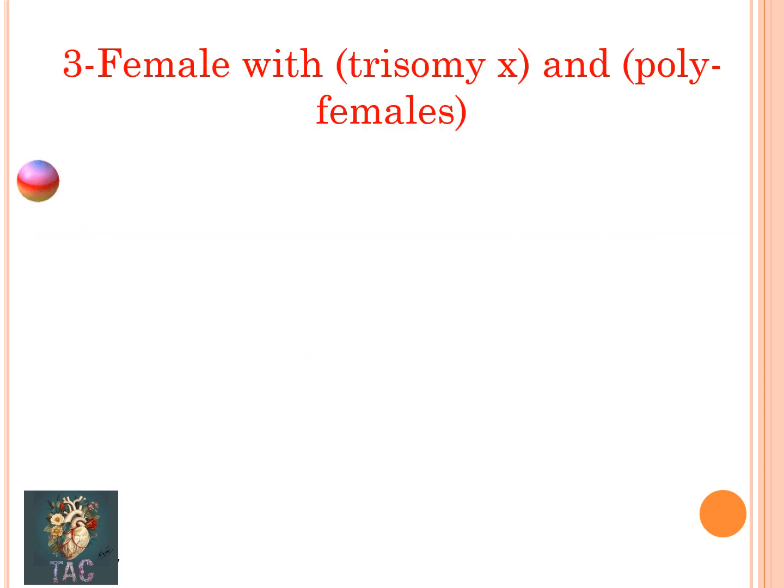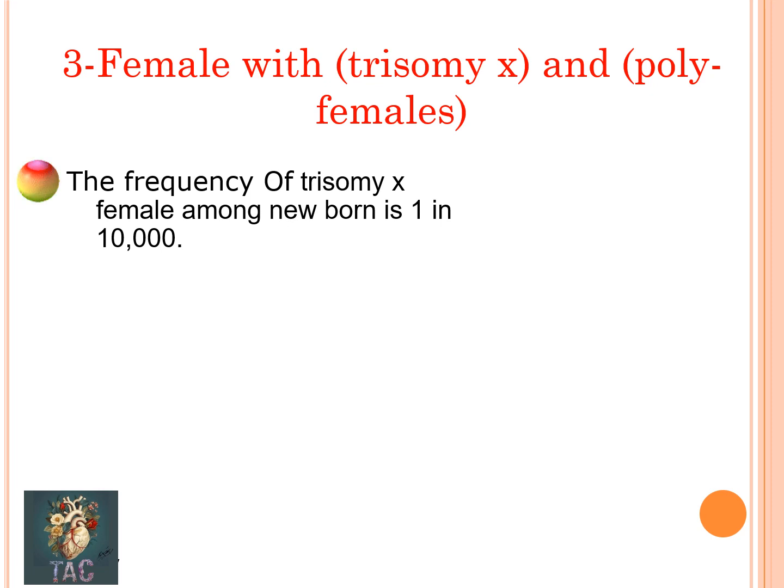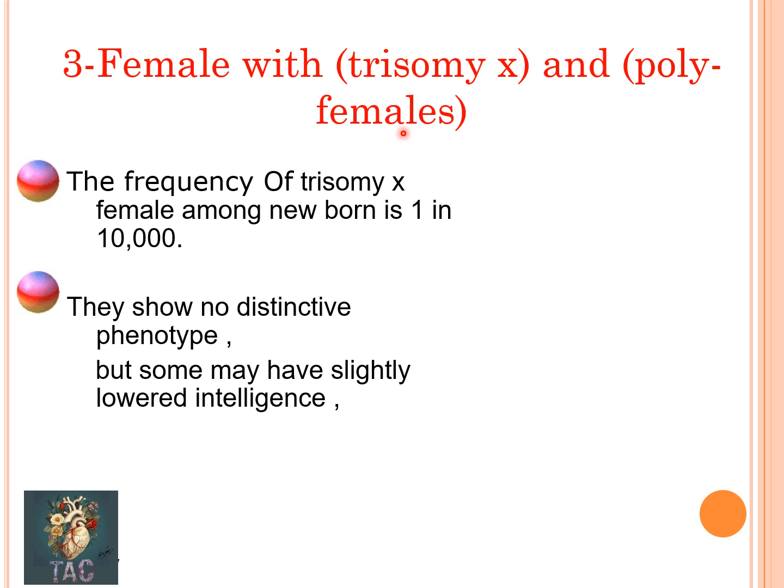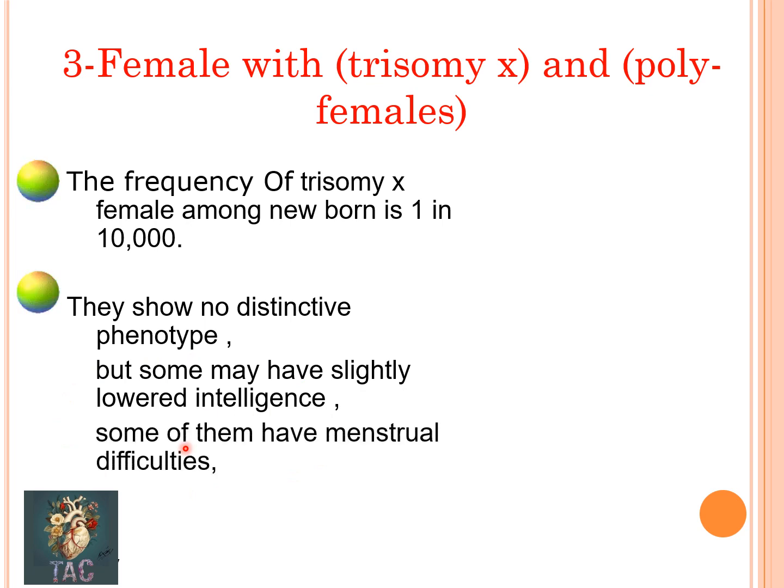The third trisomy is the trisomy with the female with trisomy X. These are also called polyfemales or superfemales. In such conditions, you must remember that there is no distinctive phenotype, usually slightly lower intelligence, and some of them have menstrual difficulties as well.